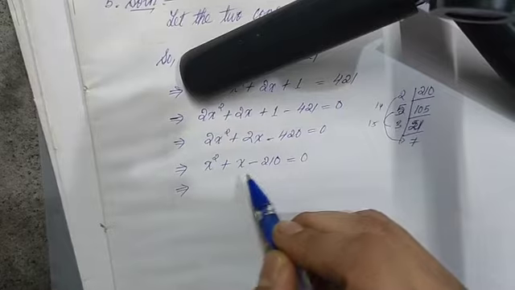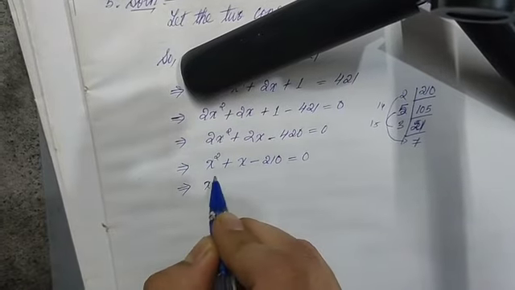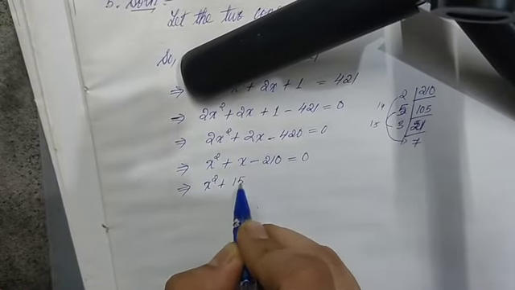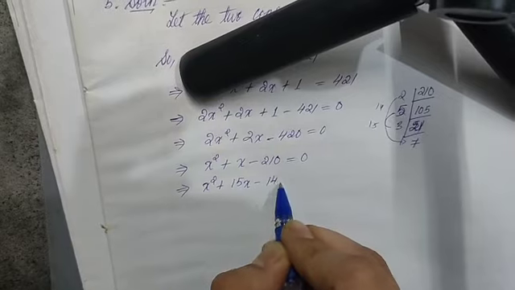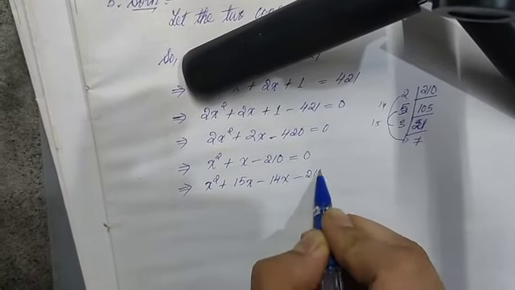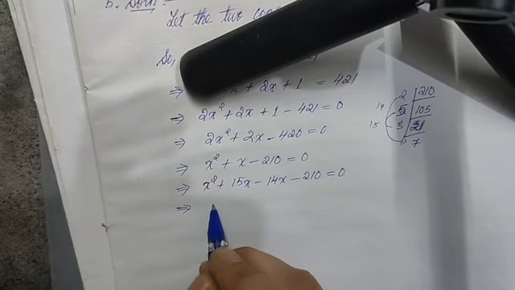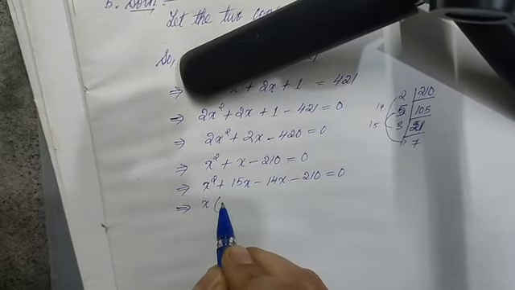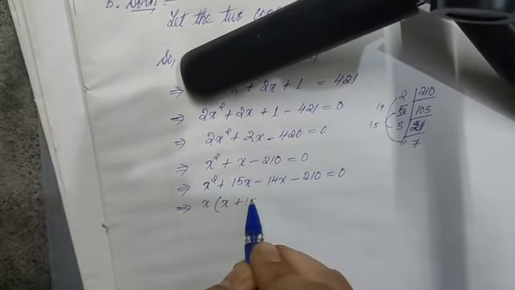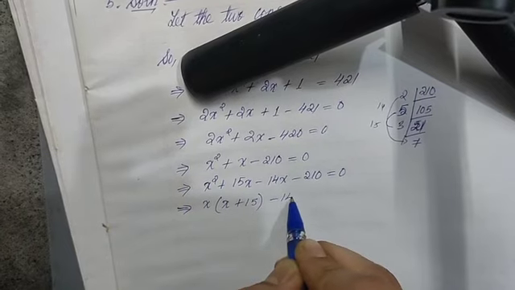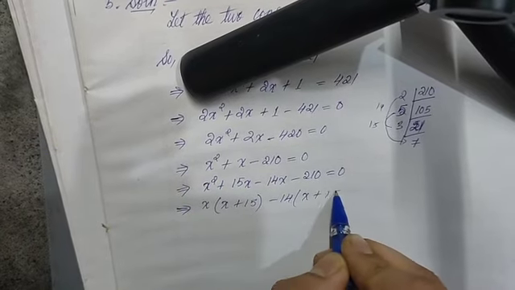The two numbers are 15 and 14. So x square plus 15x minus 14x minus 210, and taking common factors, x common from the first two terms and minus 14 from the last two.